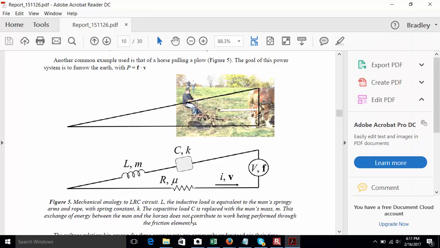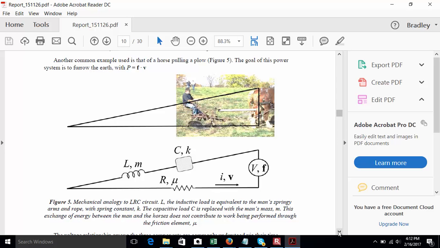So as it turns out, lucky for us, these three types of power, real, apparent, and reactive, have a tidy little mathematical relationship, and it's just the Pythagorean theorem. So real power squared plus reactive power squared equals apparent power squared. We will definitely use that in class.